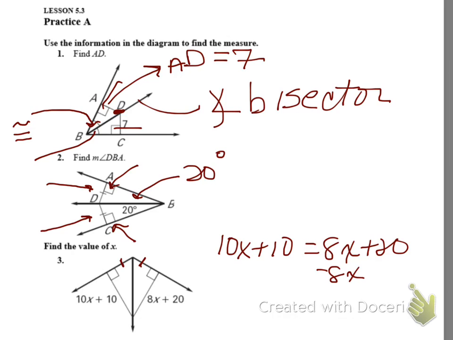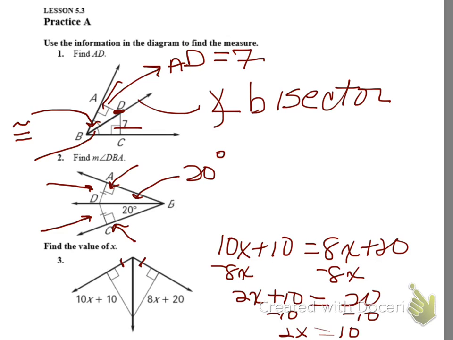Subtract 8x, subtract 8x, that gives me 2x plus 10 equals 20. Subtract 10, I have 2x equals 10, and therefore x equals 5.